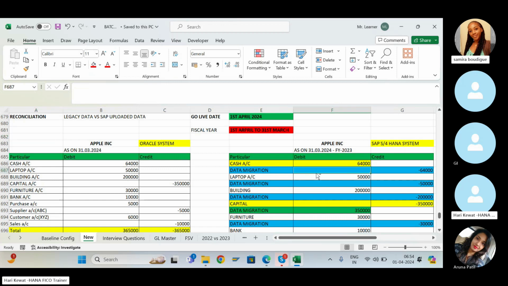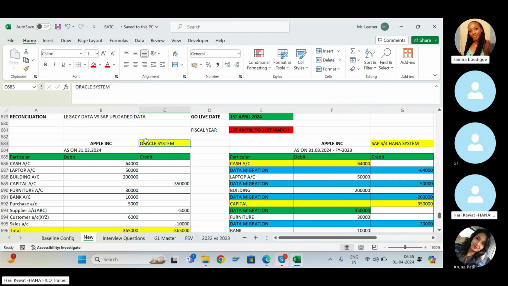Whenever you are extracting the data from the legacy system into Excel for SAP, make sure you are following proper decimal format. Otherwise, maybe in the legacy system it was okay, but when you extracted the data into Excel, it got converted to 4-digit or 5-digit decimals, and once you load that into SAP, it will become a problem.